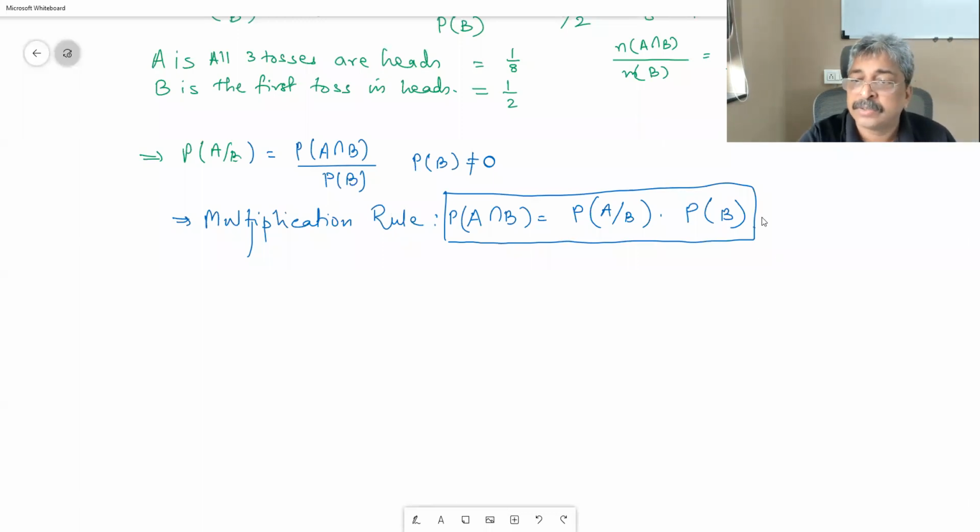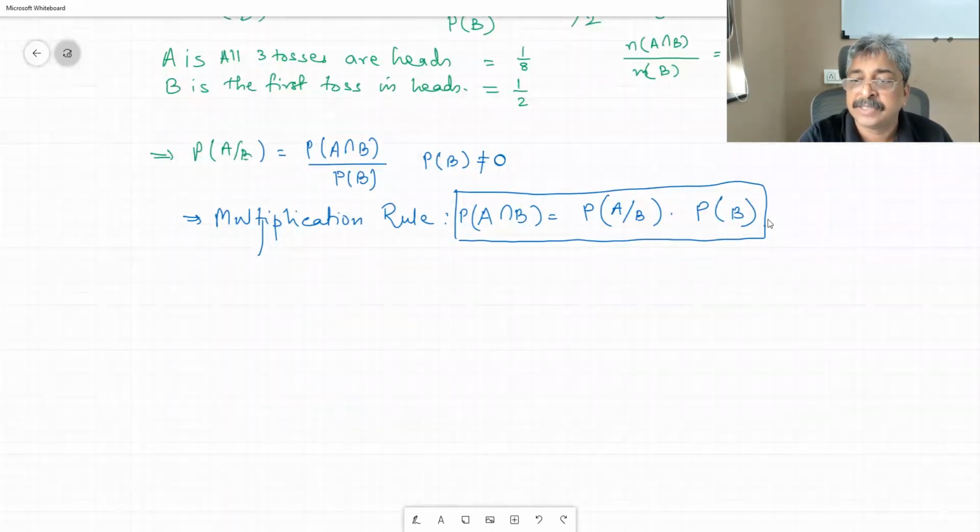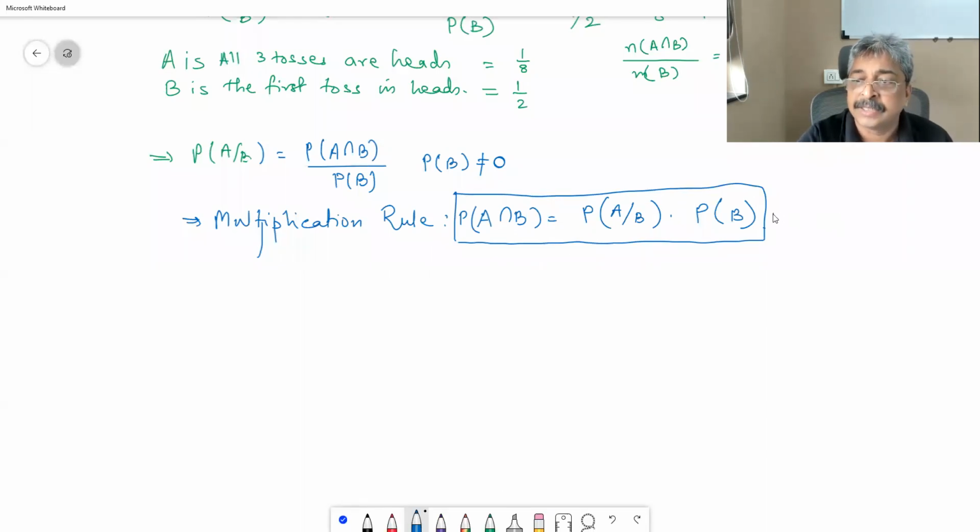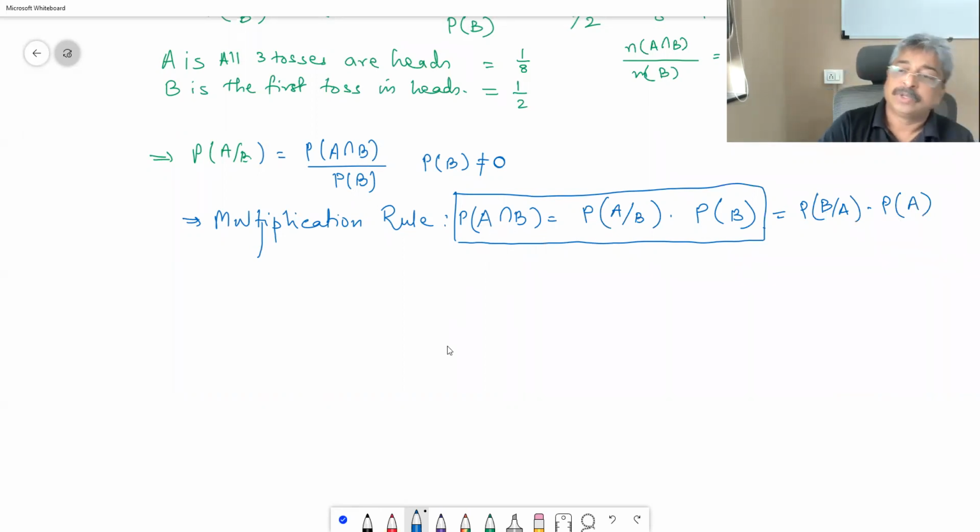This again can be written, using symmetry, as probability of B given A into probability of A. It is probability A intersection B. If you do it by saying that B happened, what is the probability of B given that A has happened, then it is probability of B given A into probability of A. Again, it will be probability of A intersection B.